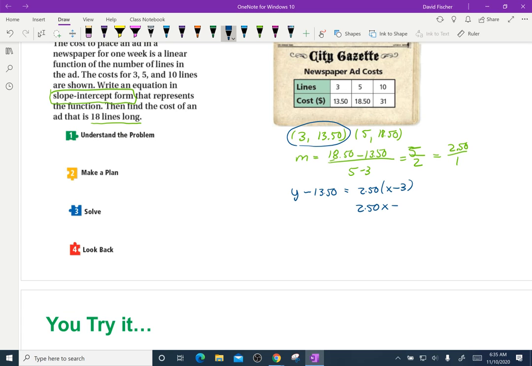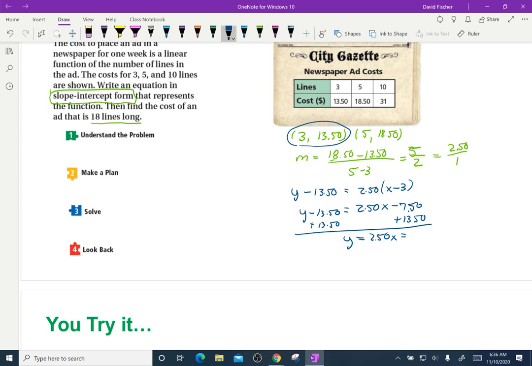I gotta go turn my light on. My light just went off so I can do my calculator. I think that's gonna be 750. Maybe I can do it without it. Yeah, watch me make a mistake now. Now I want to take and add 1350. Y equals 2.50x.